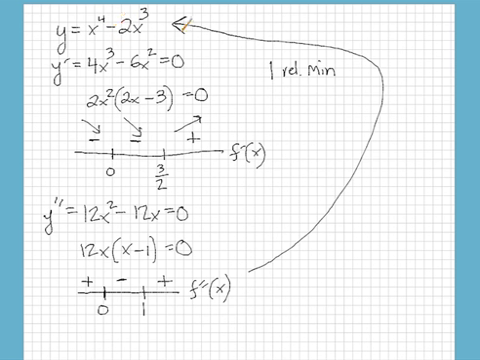In other words, there wouldn't be a point of inflection if you plugged in this value and it was undefined. All right, that being said, as long as there's a sign change, there's a point of inflection. So there's a sign change here from positive to negative, and here from negative to positive. So that tells us there are 2 points of inflection.